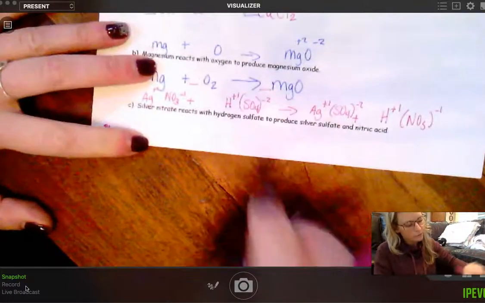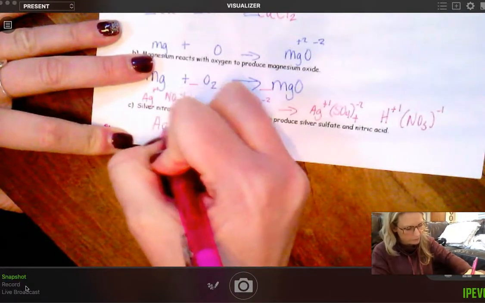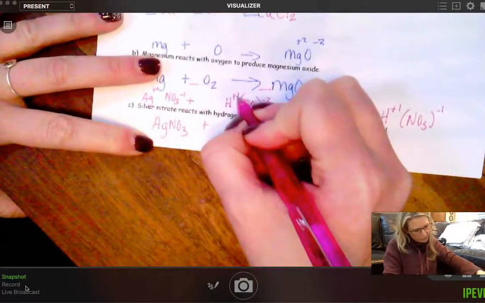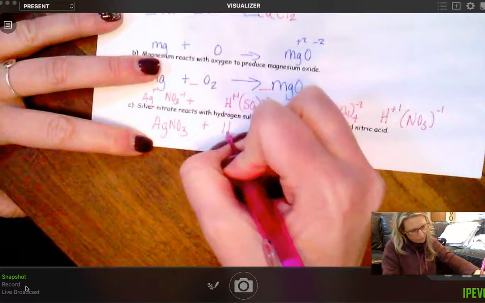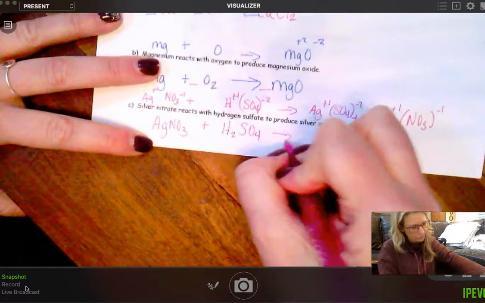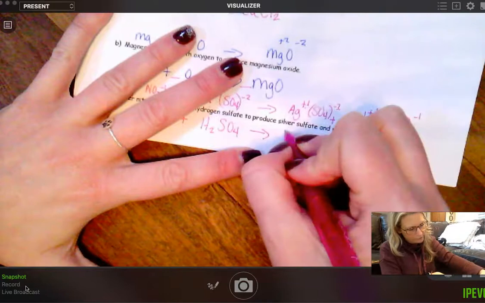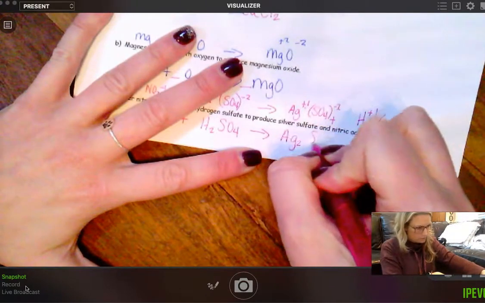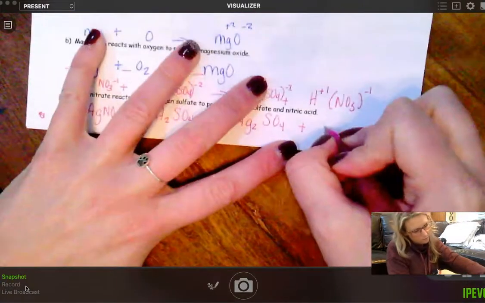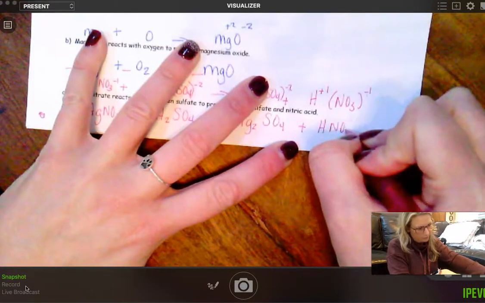So all that we have to do is rewrite this down here, and we've got our plus 1 or minus 1, so this is going to be AgNO3 plus, and when we swap and drop this, we're going to have H2SO4, which is sulfuric acid, produces plus 1 and minus 2, so we're going to put that Ag2SO4 plus, and then this is 1 and 1, so it's going to be HNO3.